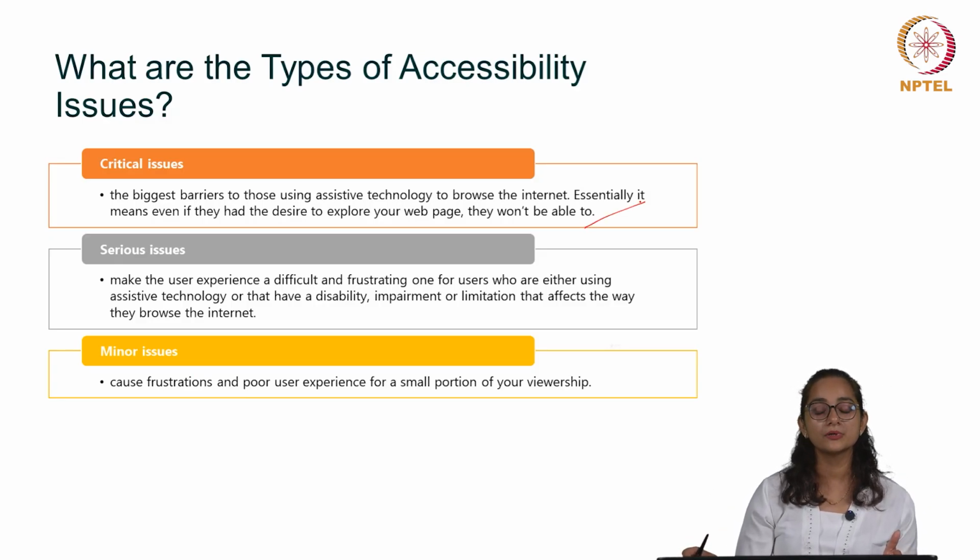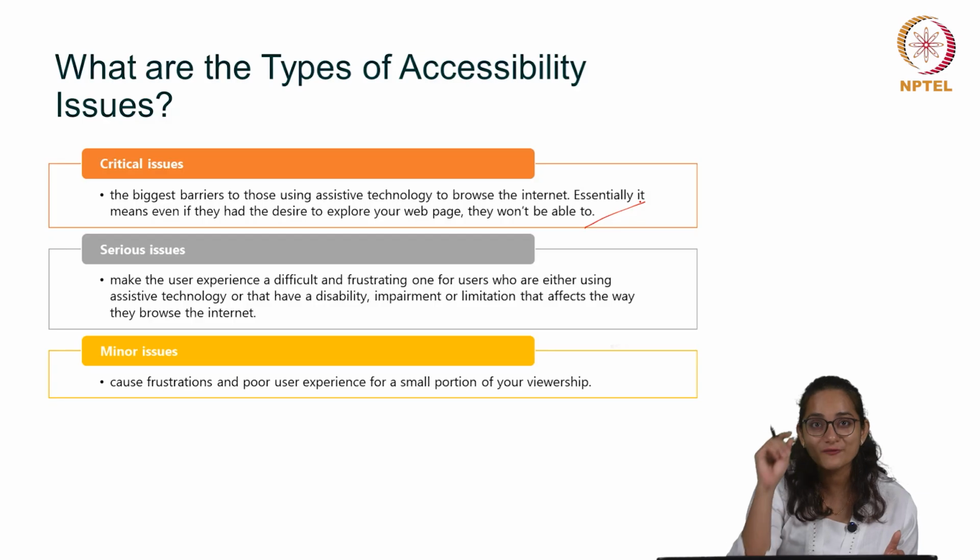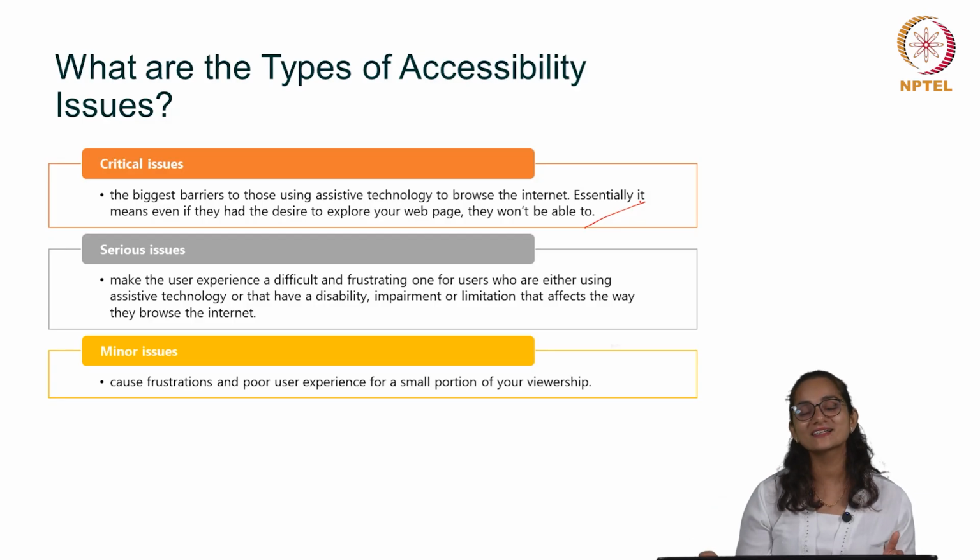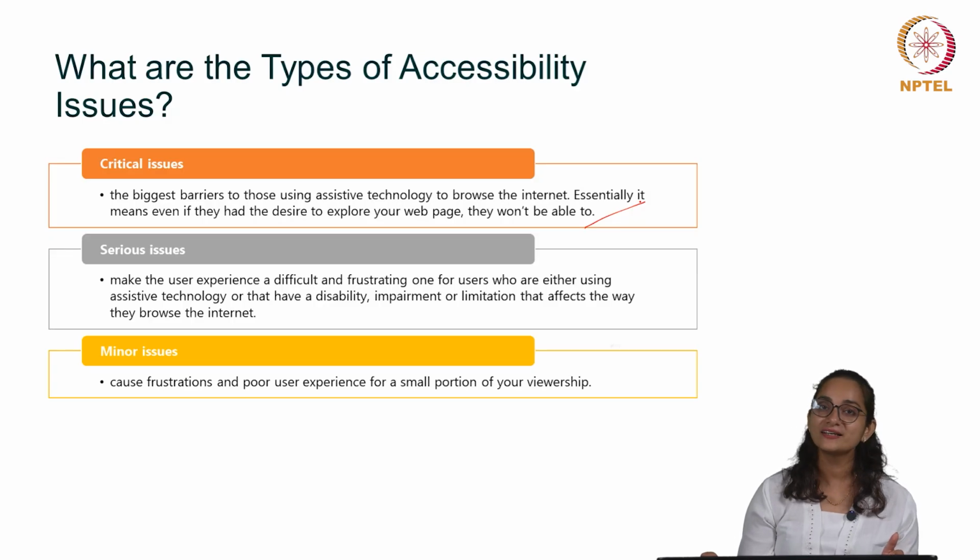It may be that the color contrast is so low that none of the text is visible to a person with low vision, despite the fact that they're trying their level best to read the text, squinting their eyes, going close to the screen, but it is so low that it's not accessible.